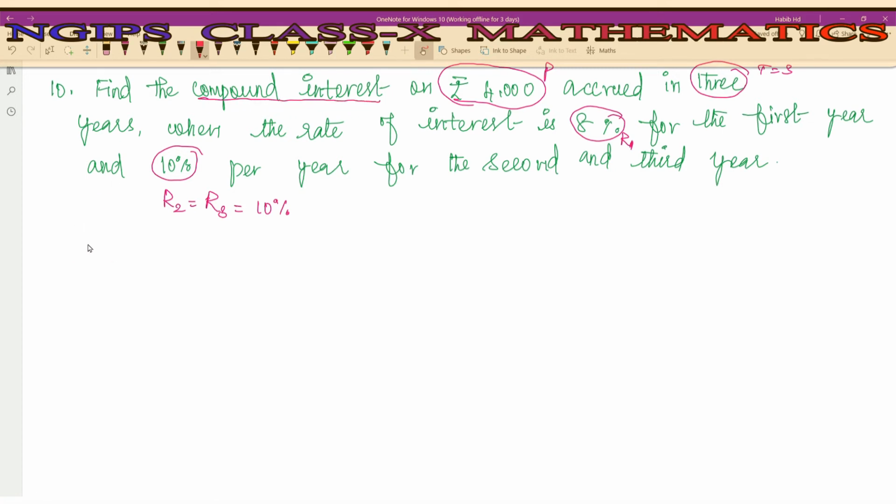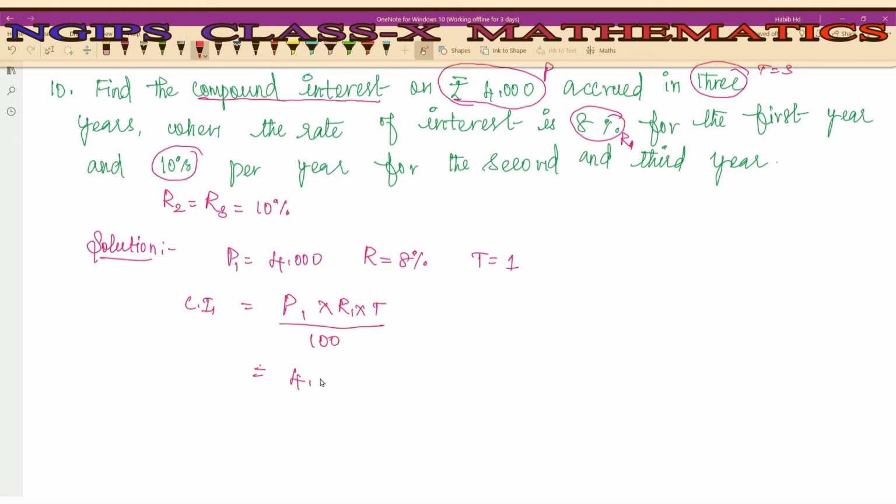Now first I am going to write the solution. Here we have the principal, which is equal to 4,000. We are going to calculate for 3 years. So the first year principal is 4,000, the rate of interest is equal to 8%, and the time period is going to be 1 year. So the compound interest for the first year is equal to P1 into R1 into T divided by 100.